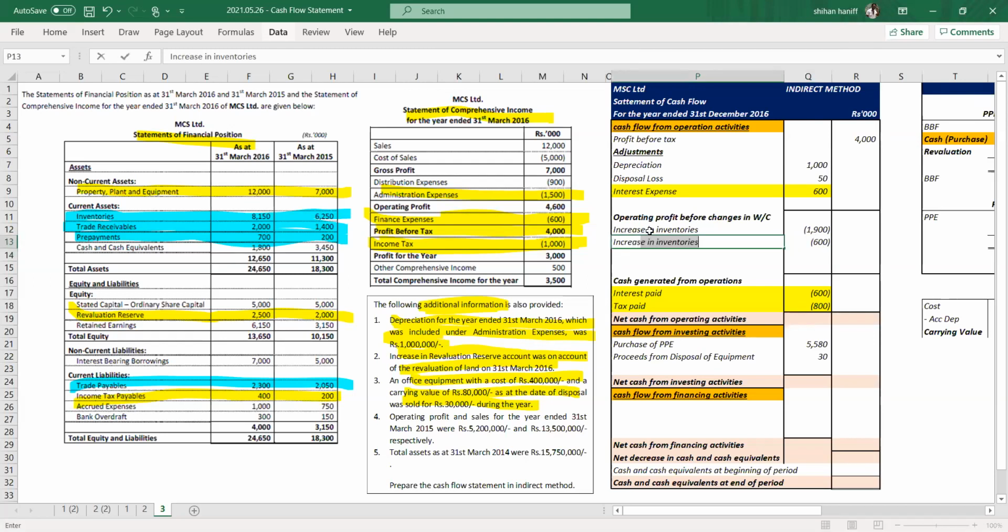Increase in trade receivables. Prepayment also increased. Trade payables are also increased. Then that's the plus. 2,300 minus 2,050.